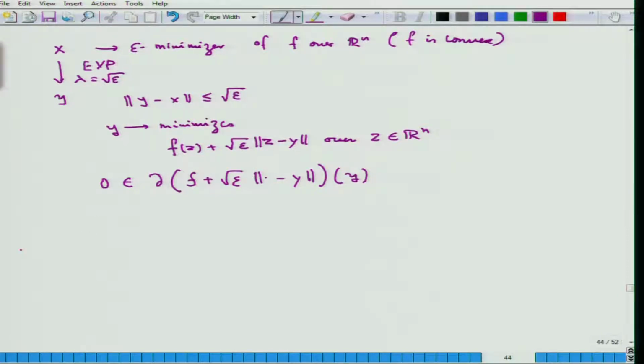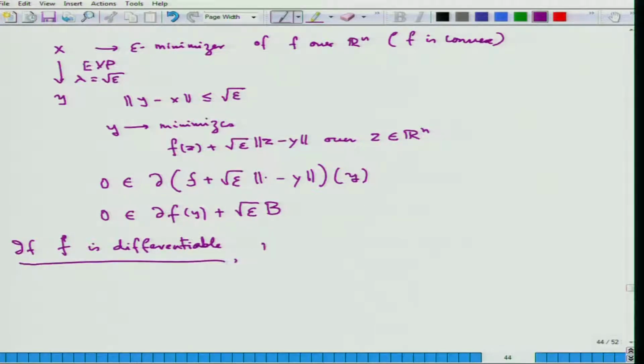So, by applying the standard subdifferential sum rule, we will have 0 is an element of del f of y plus root epsilon B. But if f is differentiable, then we have del f of y equal to the gradient of f at y.